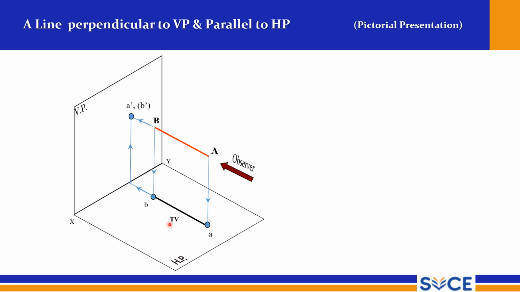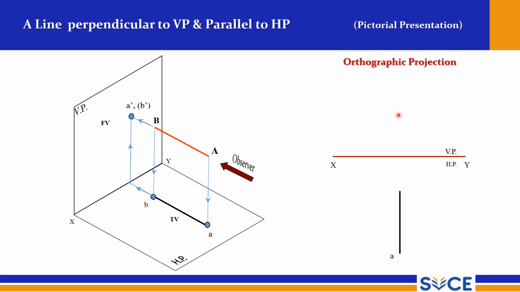And now we will try to transfer this onto our drawing sheet as we did in the earlier case. So this is your XY reference line. This is the scheme to represent the first angle projection. This is your top view, and this distance is the in front of VP distance.